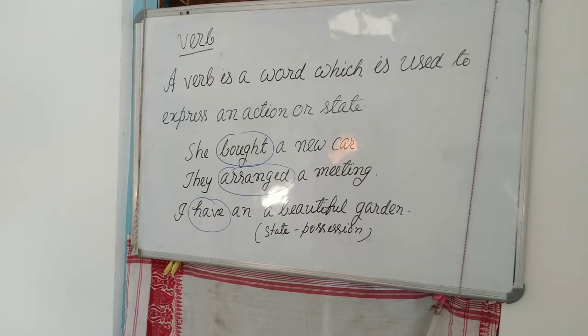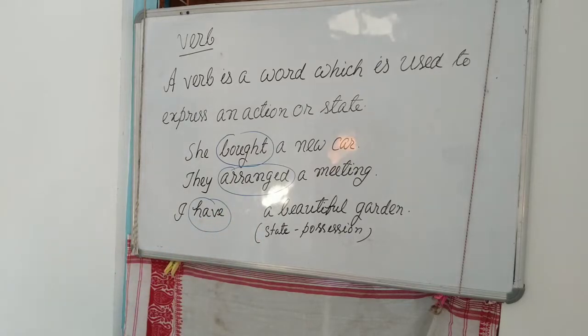Now look at the following sentences. We have written three sentences here. She bought a new car. They arranged a meeting. I have a beautiful garden.